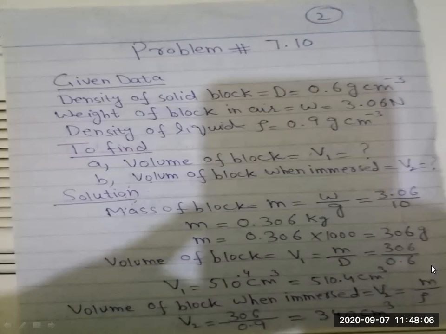I will use m over rho. In this case, I will not use the density of the solid block, but the density of the liquid, which is 0.9. My mass will be the same: 306 divided by 0.9, you will find 340 centimeter cube, which is the volume of the block when immersed.